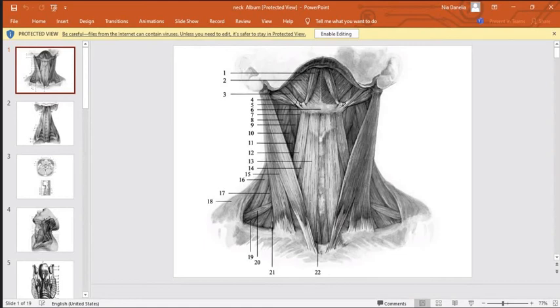First, second fascia, the superficial layer of the proper fascia, a deep layer of the proper fascia, which makes a compartment for infrahyoid muscles, the parietal layer of the endocervical fascia, which lines this space where all the organs of the neck are located, and also here is located the prevertebral fascia.